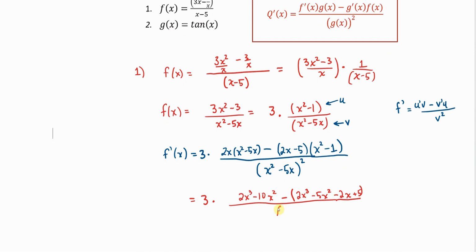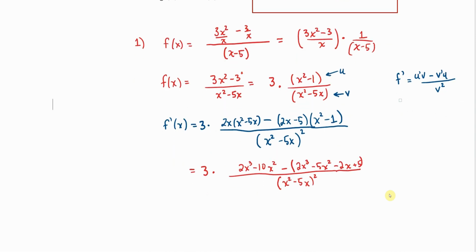And then the denominator, I'm going to continue to leave that alone, just like that. And then I go maybe one more step here just to clean up all those like terms on the top. You notice I have a 2x cubed, and it's going to subtract another 2x cubed, so that's gone.